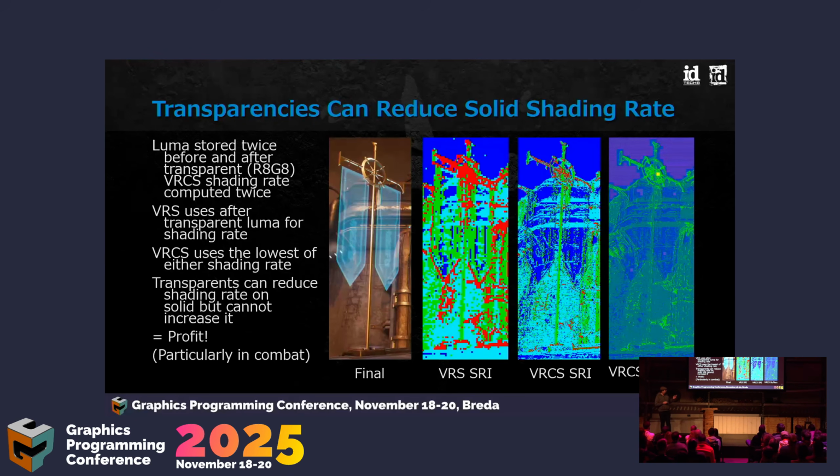But in this case, we stored out the luminance twice, so before and after transparency rendering. We calculate the shading rate from both lumas, and then we just take the minimum shading rate. And you can see here, because it has managed to load some pictures, the reduction in shading rate in the VRCS buffer, specifically behind this flag, and then the reduction in primary pixels in the VRCS debug.